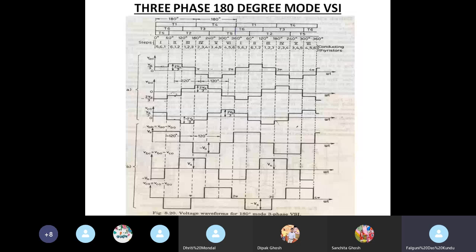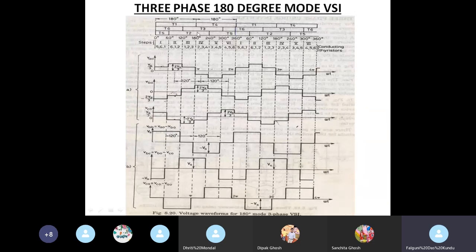The transistor inverter which we have already taught is a 180-degree mode VSI. There are three transistors per leg pair, and each transistor conducts for 180 degrees. So here we saw that T1 conducts 180 degrees, T4 conducts 180 degrees, again T1, then T4.